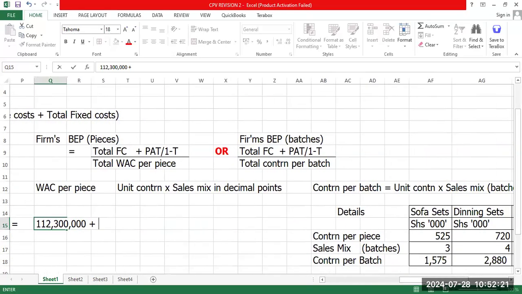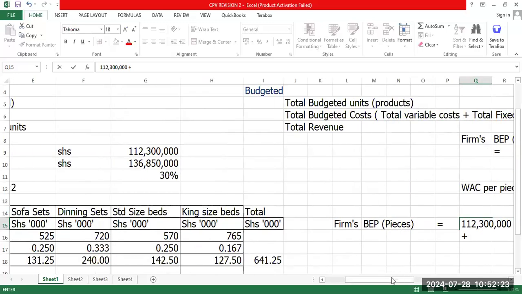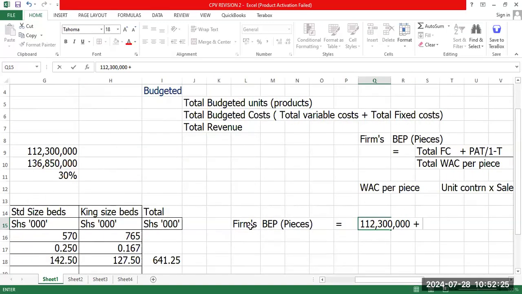So we are adding 136,850, but we divide this by 0.7. That is 1 minus t.